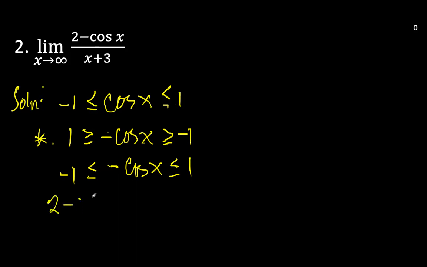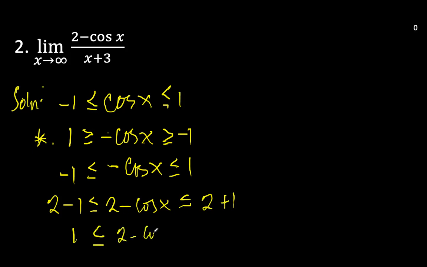So 2 minus 1 is less than or equal to 2 minus cosine x, which is less than or equal to 2 plus 1. So 1 is less than or equal to 2 minus cosine x, less than or equal to 3. We have already expressed the numerator, which is 2 minus cosine x. And what we need to have here is the denominator x plus 3.